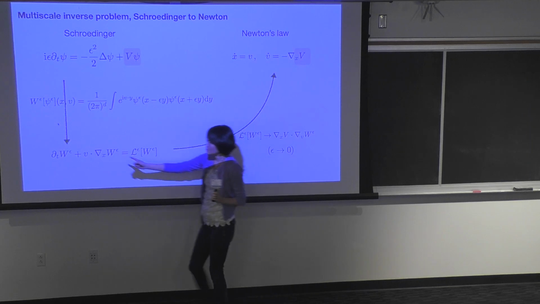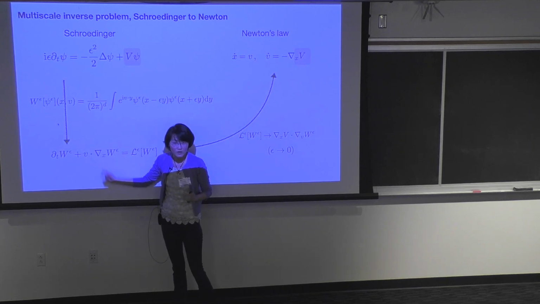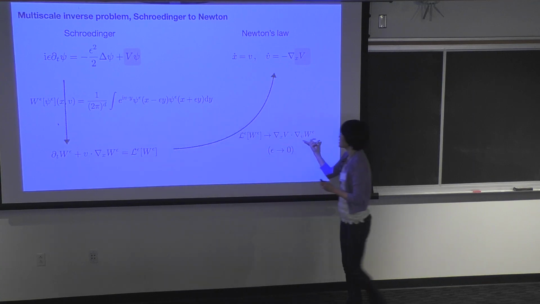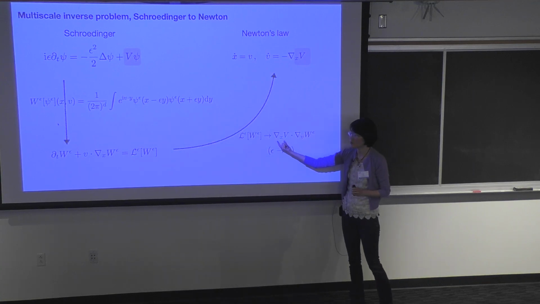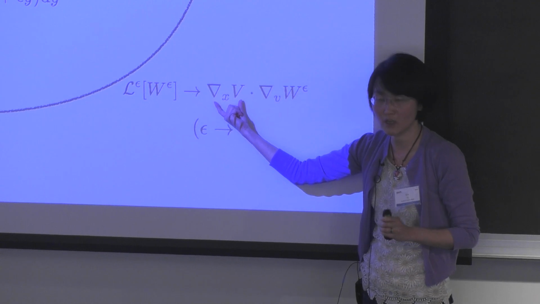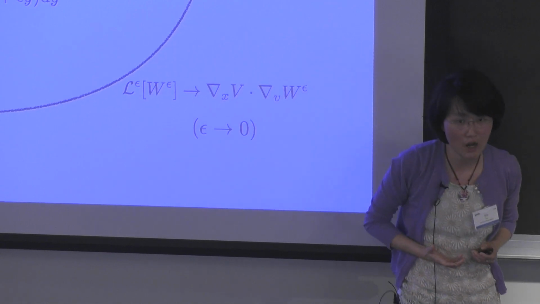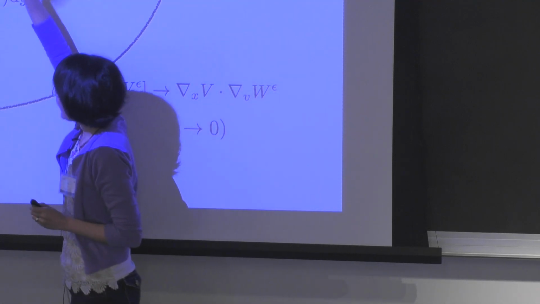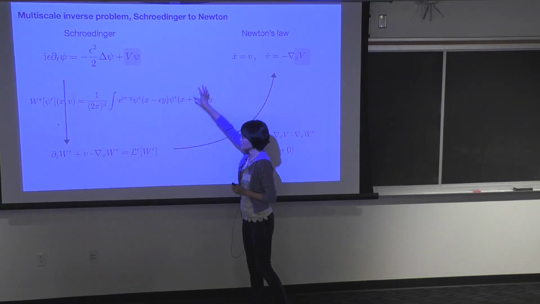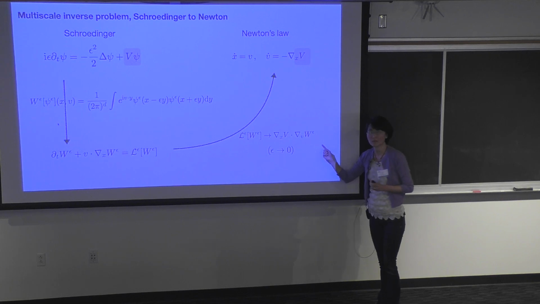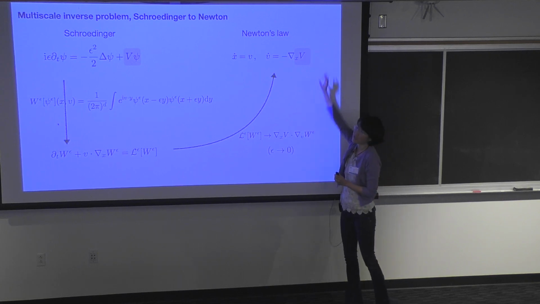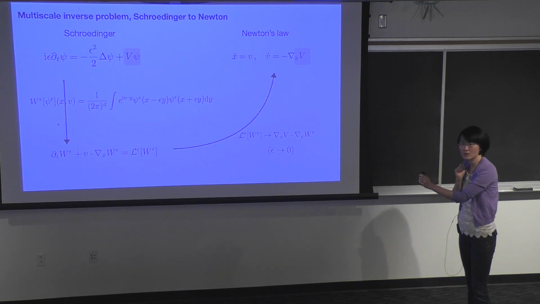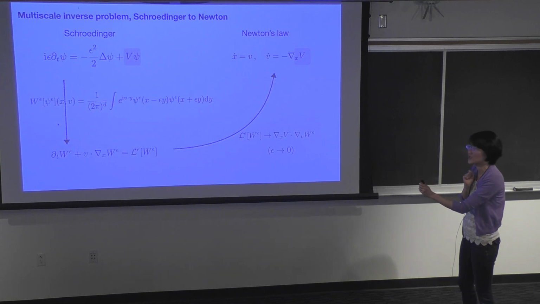The first term tells you that x dot equals v, so the particle moves with velocity v. The second term tells you that v dot equals minus the gradient of the potential. So that's Newton's second law. So we derive the Wigner equation from the Schrodinger equation, and we find out that as epsilon goes to 0, this exactly recovers Newton's second law. So that's one way to explain that, well, Schrodinger and Newton, they are truly the same system.